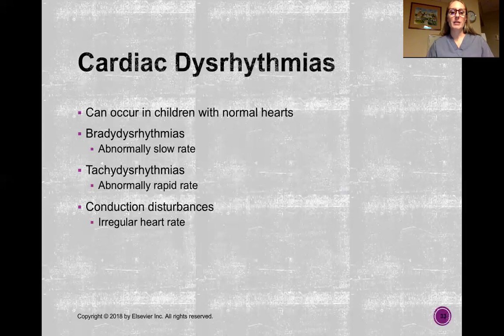So maintaining electrolyte balance is probably the best preventative measure that we can do here for kids who have no abnormalities. And then for kids who have abnormalities, we just want to be aware of what their abnormality is, and again, educate on what they need to be looking out for.